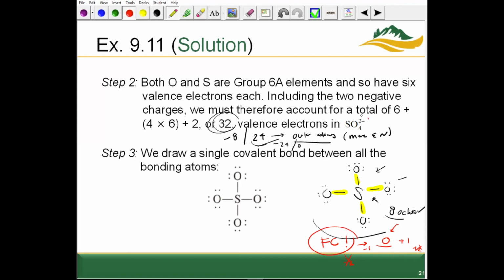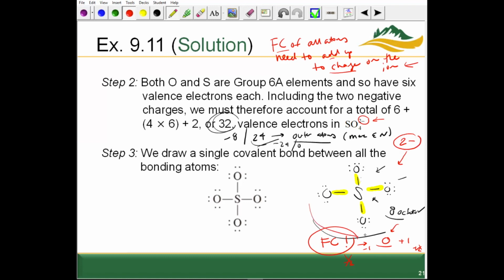When dealing with a polyatomic anion, we also know that the formal charges need to add up. The formal charges on all the atoms need to add up to the charge on the ion. In this case, all the formal charges need to add up to -2.